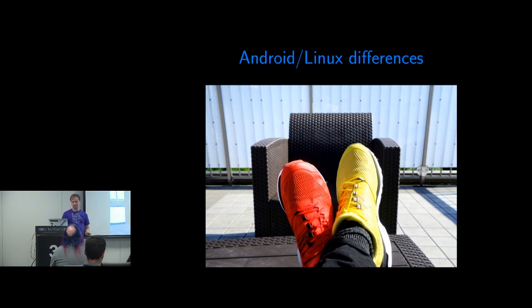So, what differences do Android and Linux have? Well, Android is a set of libraries and applications and tools on top of a Linux kernel. So in that sense, it's a Linux distribution. But it's not a standard Linux distribution. There are quite a few changes. For instance, Android has to run on very low power devices, like you have watches that run Android.